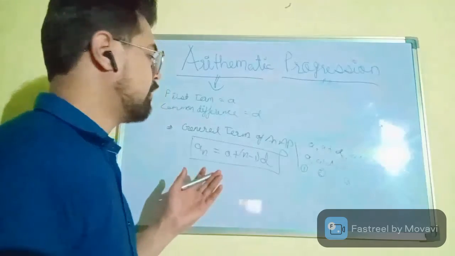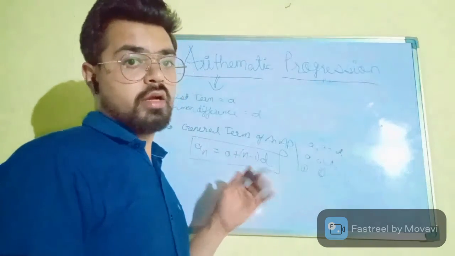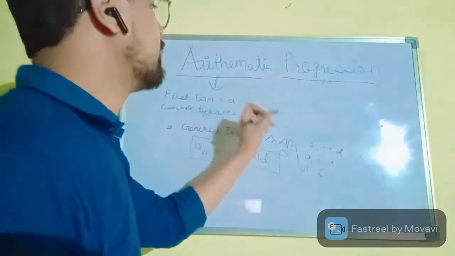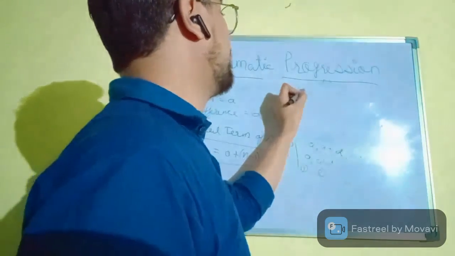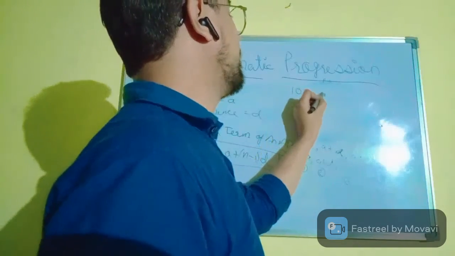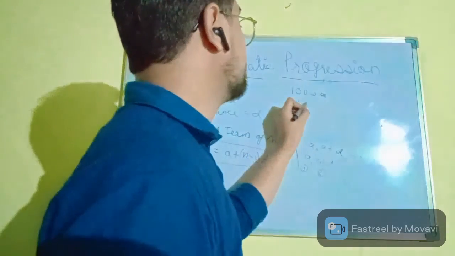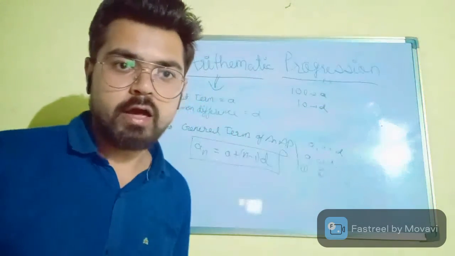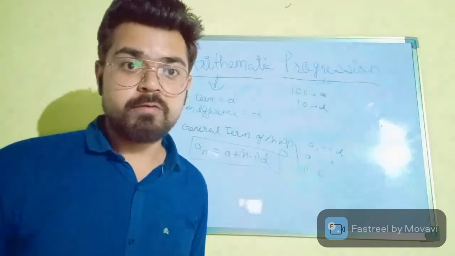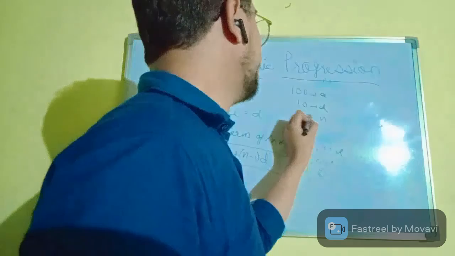Now whichever value you take, it will give an output. Like at the start we saw the question: 100 in the first month, so A becomes 100. Every day we are increasing by 10 rupees, so D becomes 10, and we want to find how much money we have to save on the 50th day. So here n will become 50.